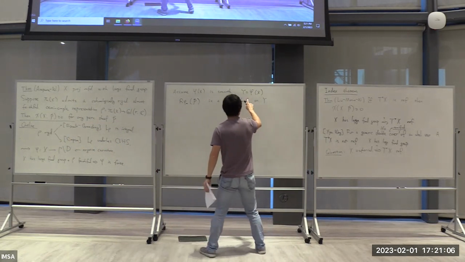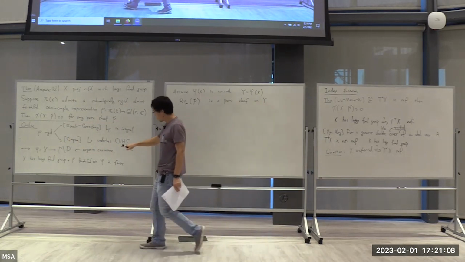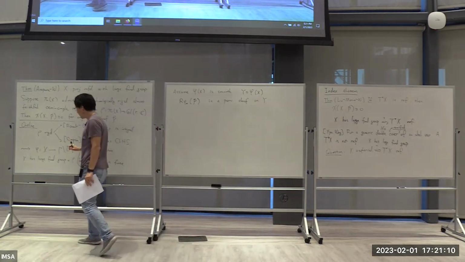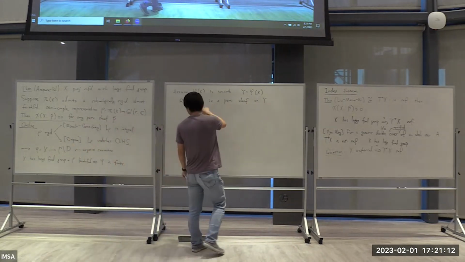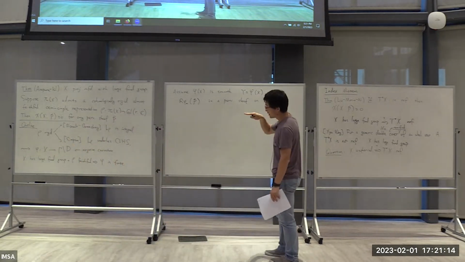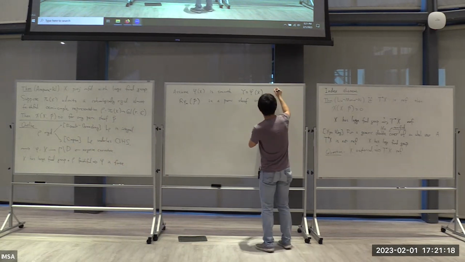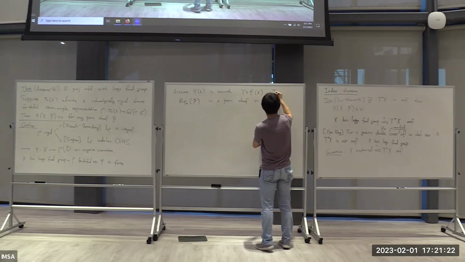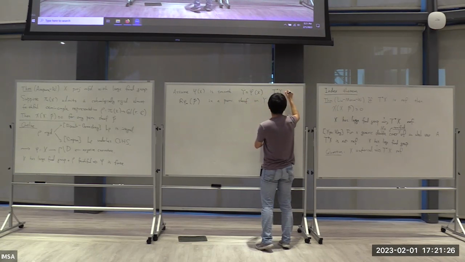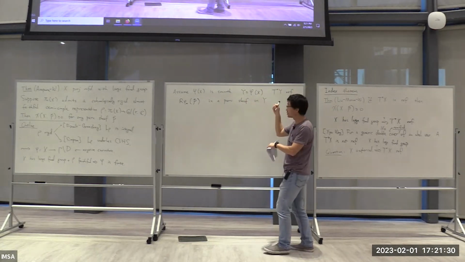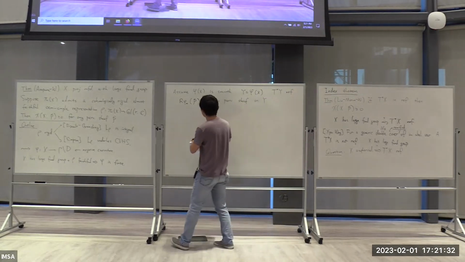Okay. So why are we done? Because the period domain is negatively curved. And the horizontal submanifold of the period domain, this tells me that Y is negatively curved. So in particular, the cotangent bundle is negative. I'm assuming Y is smooth, so I can talk about this cotangent bundle.